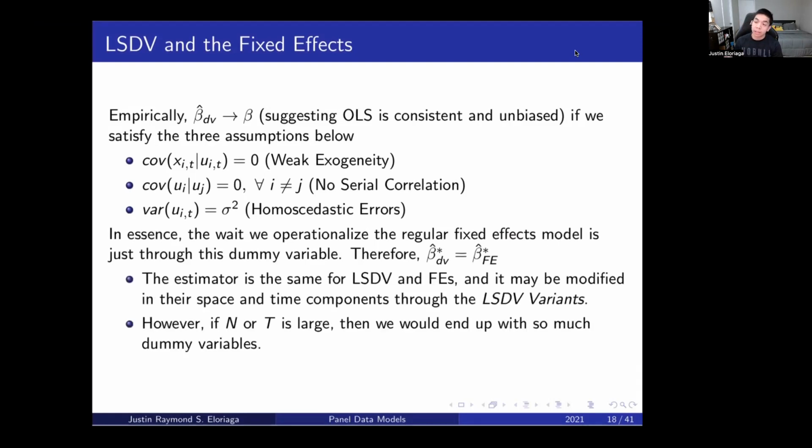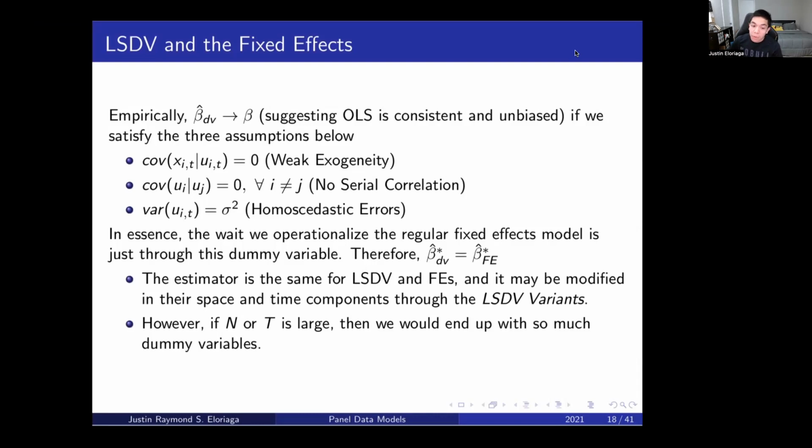That is, you're going to derive the same estimator if you use dummy variables versus if you use the time mean, the time average transformation that we initially proposed as the fixed effects. But the advantage of the LSDV in some cases is that you can express it more through the use of the LSDV variance, okay?